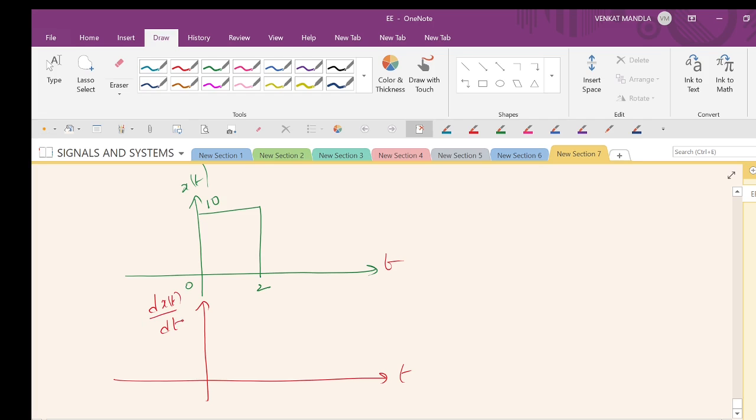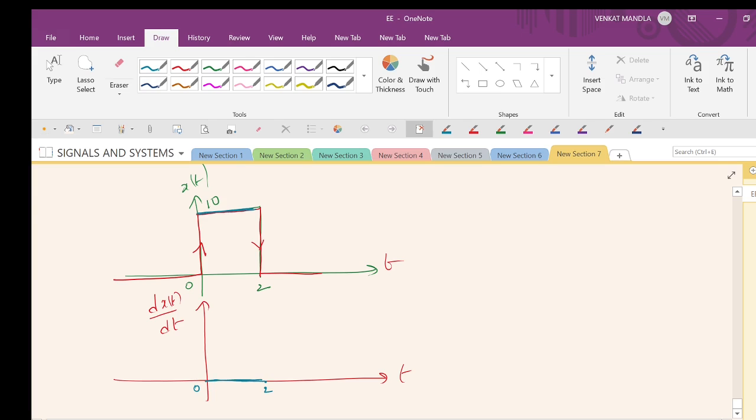Okay, so here at t equal to 0 there is a discontinuity and it is constant, and again we have a discontinuity at t equal to 2, right? So if I differentiate this signal, if I differentiate the constant, 0 to 2 I have a constant, this is 10, then I will get 0 from 0 to 2.